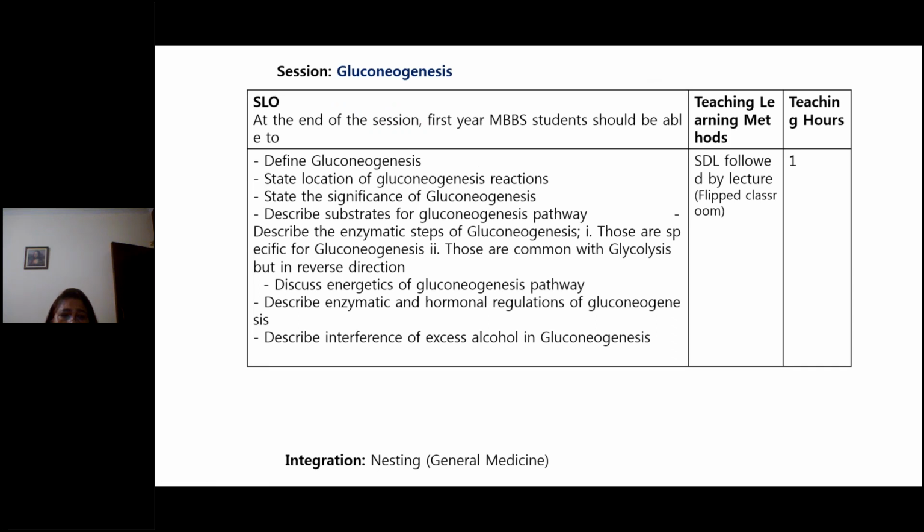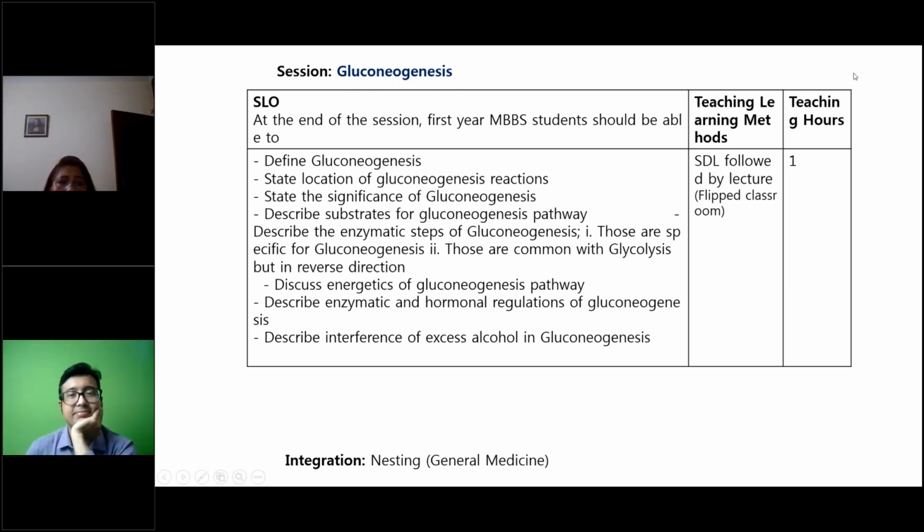In the session for gluconeogenesis, we can prepare this type of learning objectives. At the end of the session, first year MBBS students should be able to define what is gluconeogenesis, state the location of gluconeogenesis reactions, state the significance of gluconeogenesis, describe substrates for the gluconeogenesis pathway, then describe the different enzymatic steps of glycolysis which are specific for gluconeogenesis and which are common with glycolysis but in reverse direction.